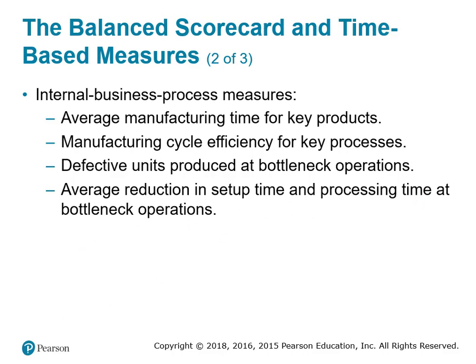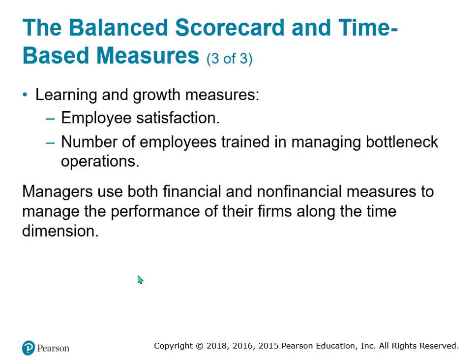Okay? And finally, learning and growth measures: employee satisfaction, number of employees trained in managing bottleneck operations. And managers use both financial and non-financial measures to manage the performance of their firms along the time dimension.